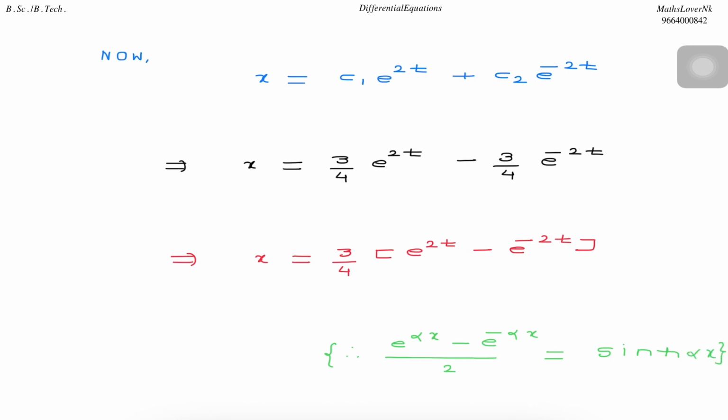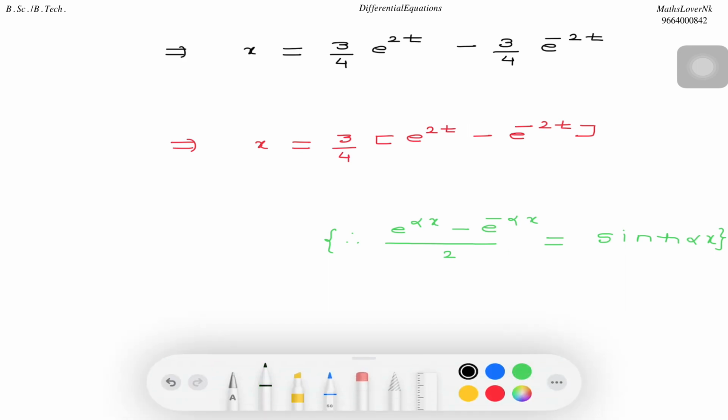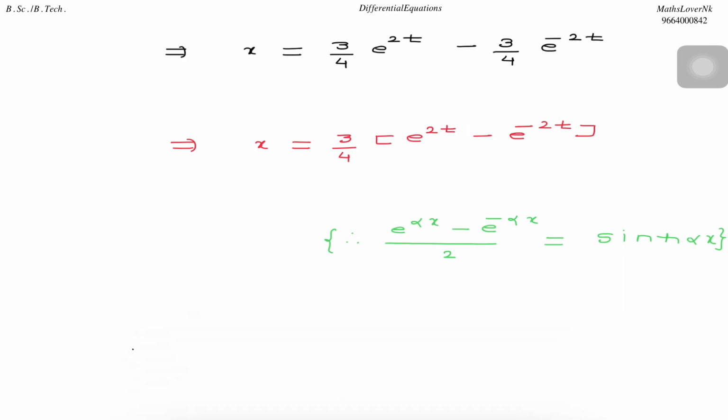Here we can write down x is equal to 3 by 2 into e the power 2t minus e the power minus 2t upon 2.